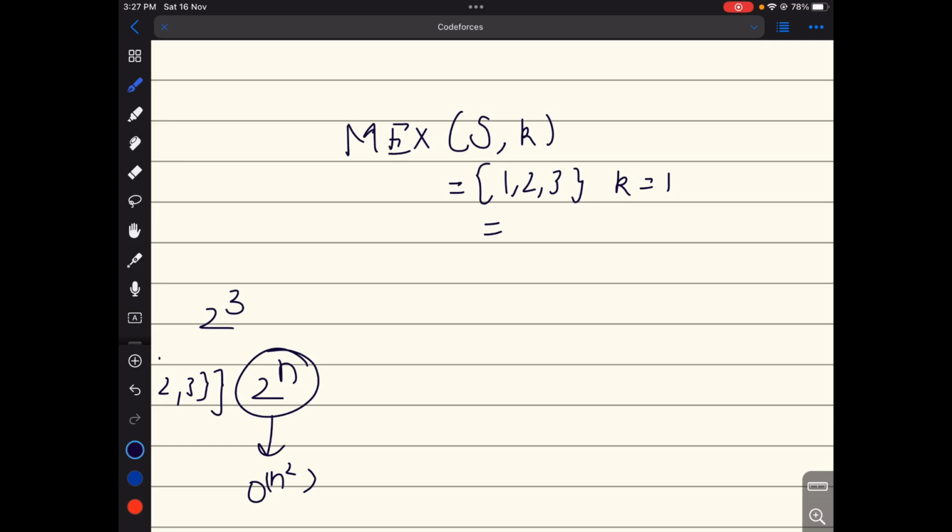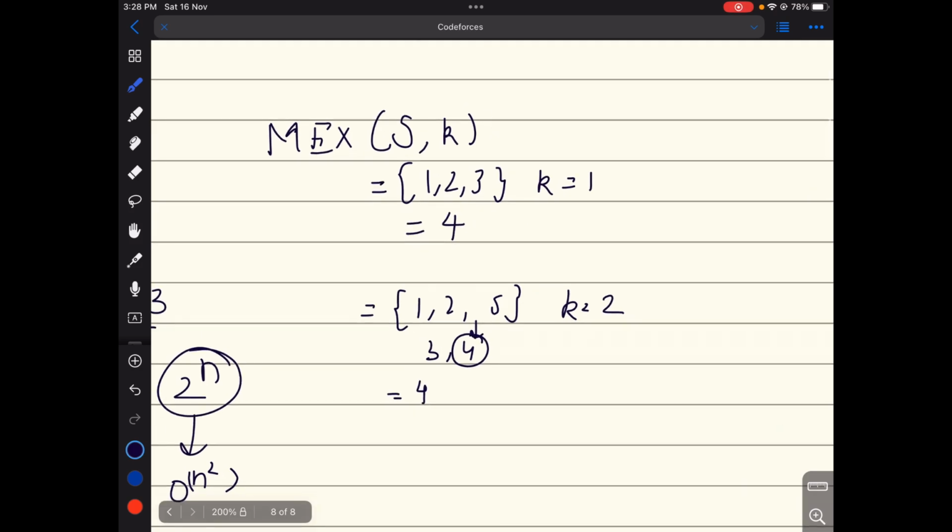What mex says is, given the set 1, 2, 3, you need to find the kth positive number which is not present in the given set. Since k is 1, the first positive number not present in the set is 4. Another example, if we have 1, 2 and 5 and k equals 2, the values not present in the set are 3 and 4, and the second value is 4, so we will return 4.